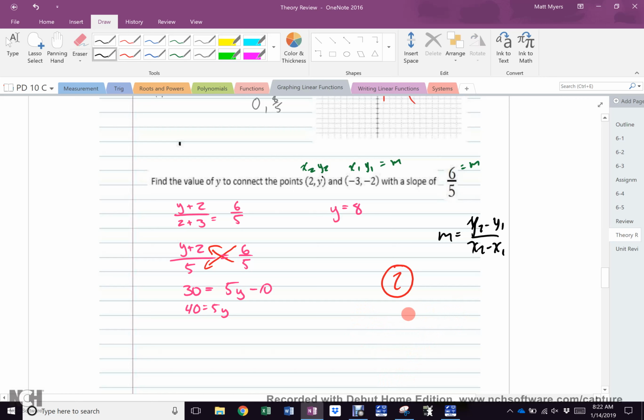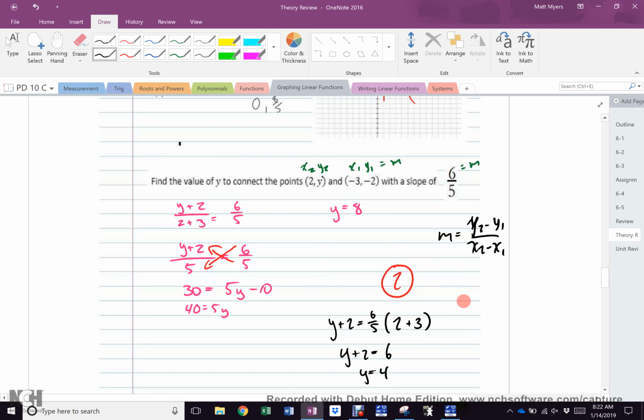If you were going to do it that way, then it needed to be y plus 2 equaled 6/5 times 2 plus 3. Right, which would have been y plus 2 equaled 6 equals 4. Yeah. That's what I got. So why negative 3? Yeah, I got y before.